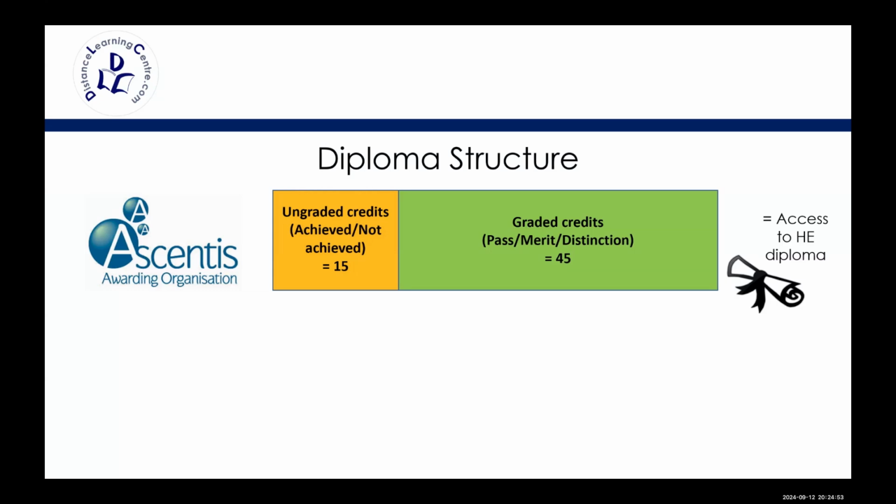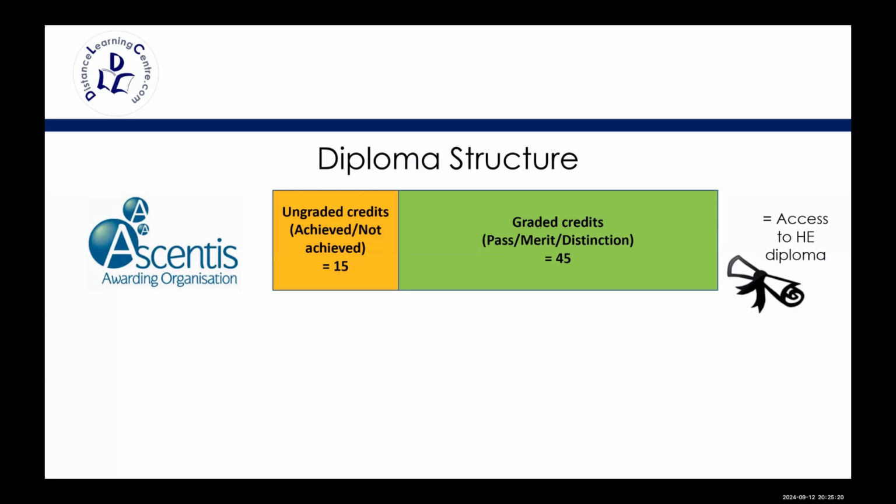So we try and give you as much feedback as we can, and we say, right, this unit is just achieved, but if it was a graded unit, you would have got a merit. This is what you need to work on when you get to those graded units to get solid merits or distinctions. So when you get to those graded units, which are the remaining 45 credits, they are graded at pass, merit, or distinction grades.